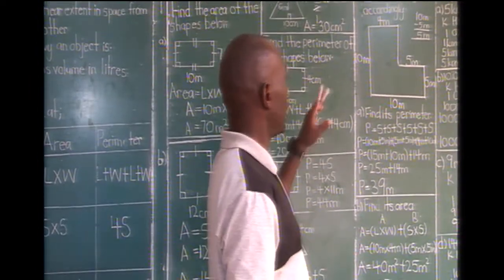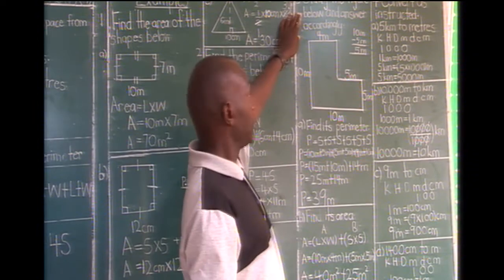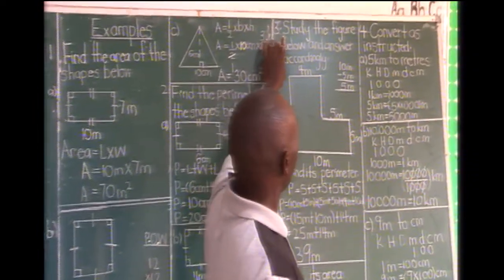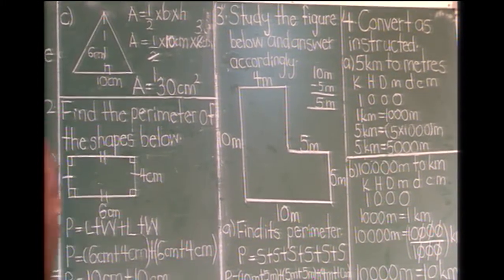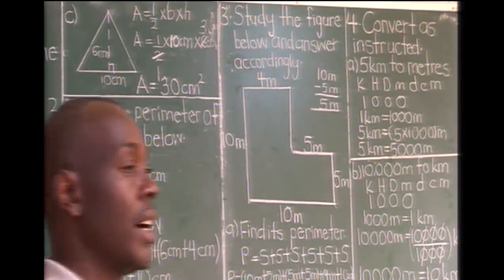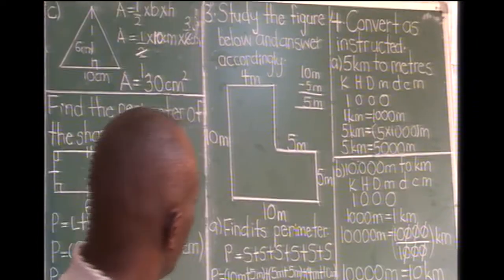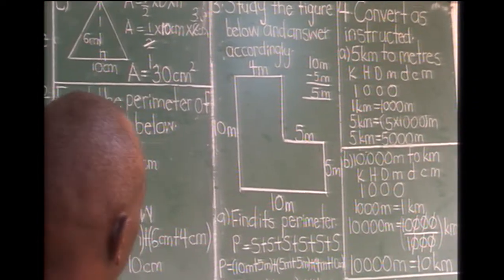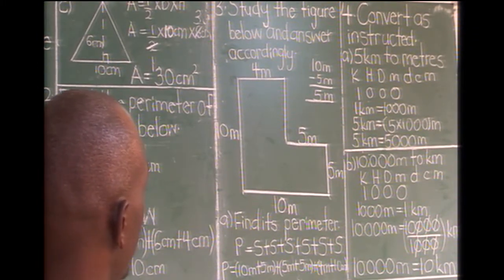Then we shall look at what number 3 has for us. It says, study the figure below and answer accordingly. Now, this is the figure which is brought to you, which doesn't look like any of the shapes I've so far talked about.